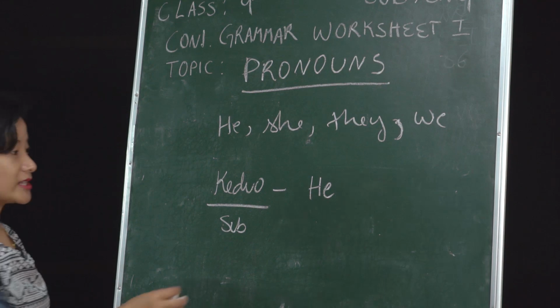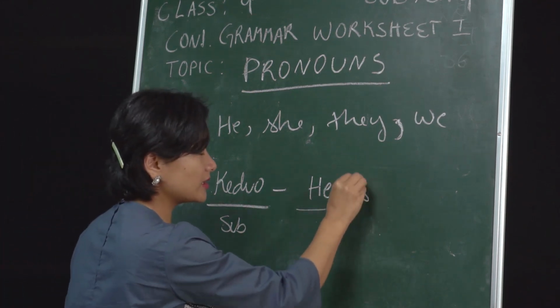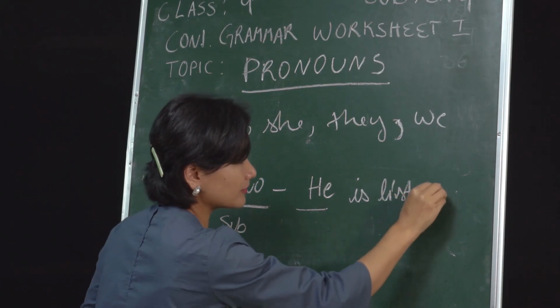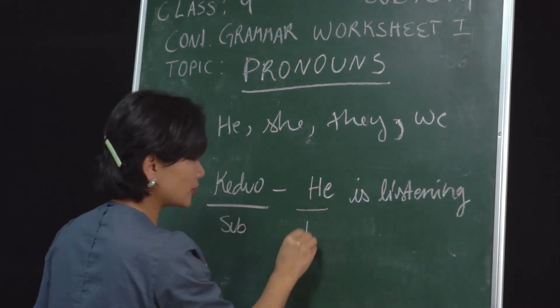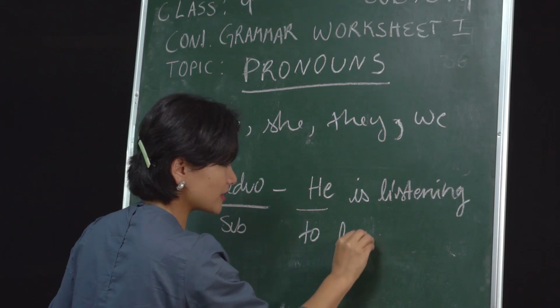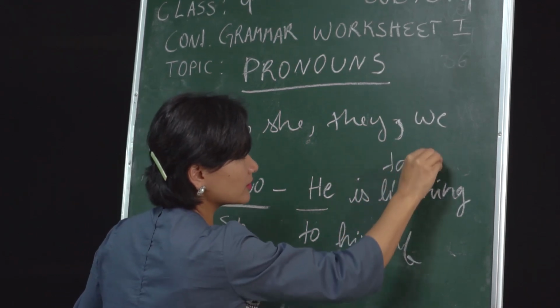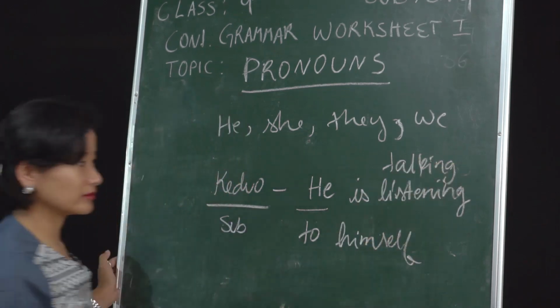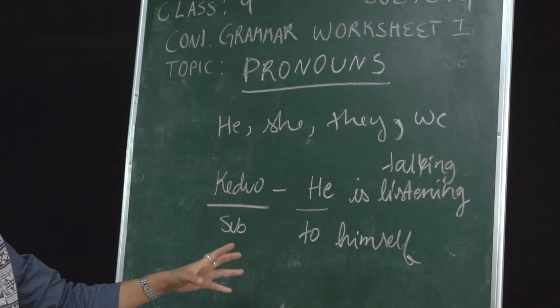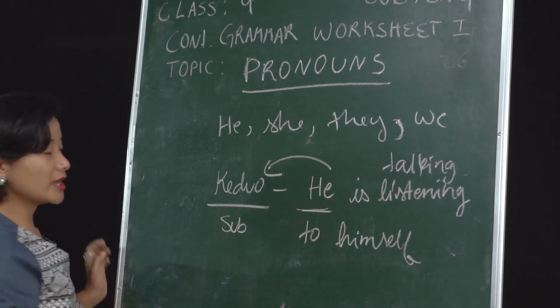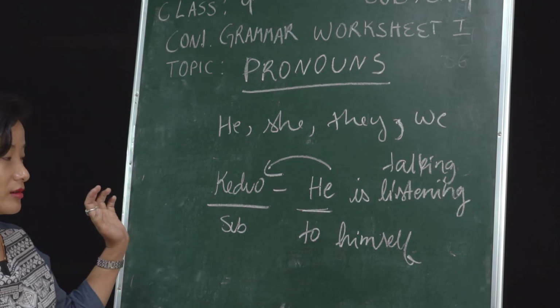However, let's say he is listening to himself, or let's say we can also go with talking to himself. Okay? Now, here is the difference. Here he is replacing the noun, so that's why it is a pronoun, all right?